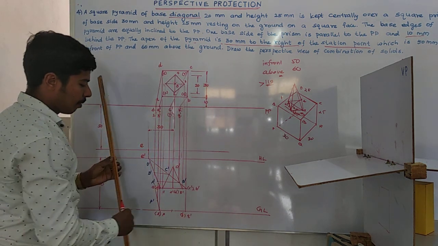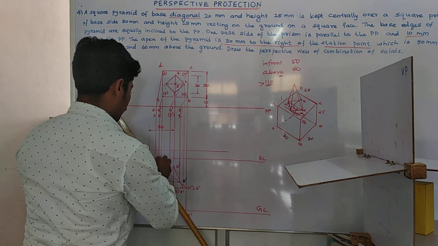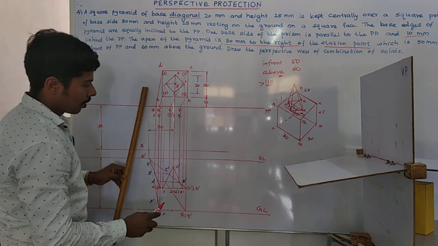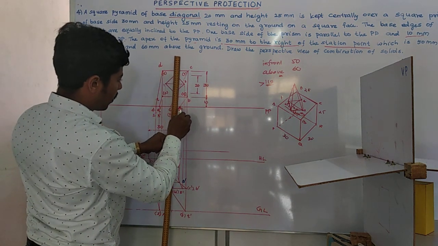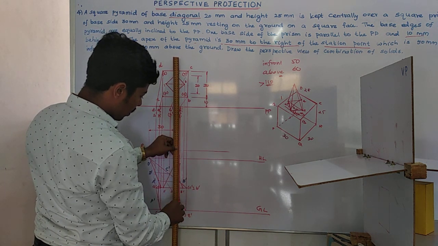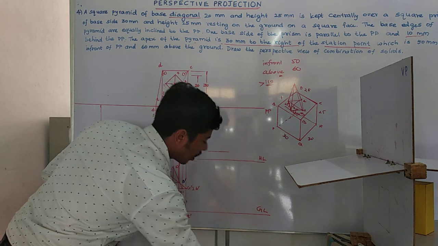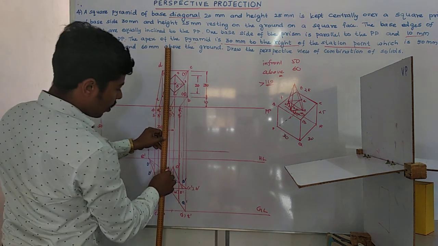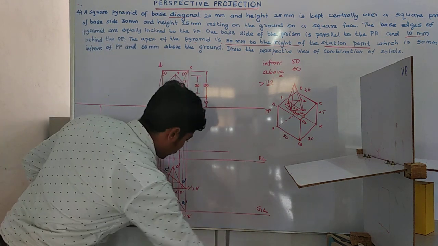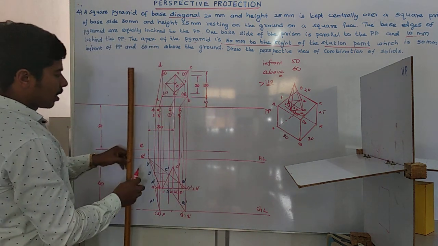Similarly from Q I can draw, it is Q. Then R and S. From R1, this is our R dash and S dash.